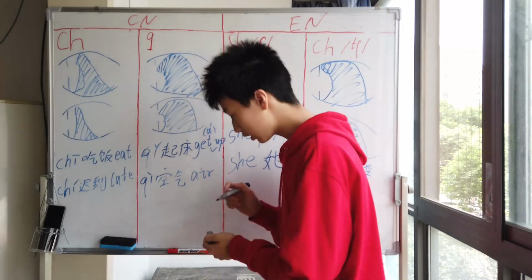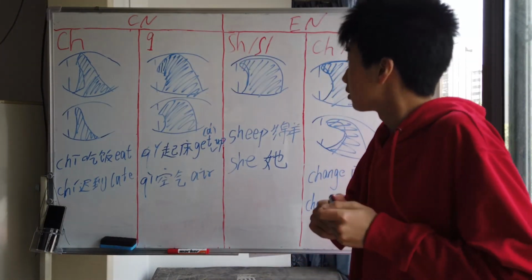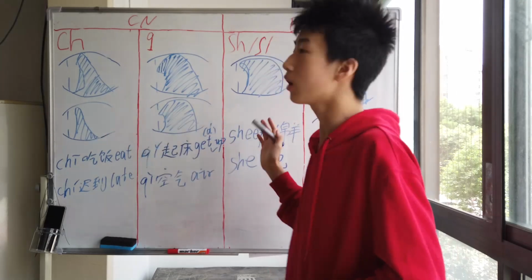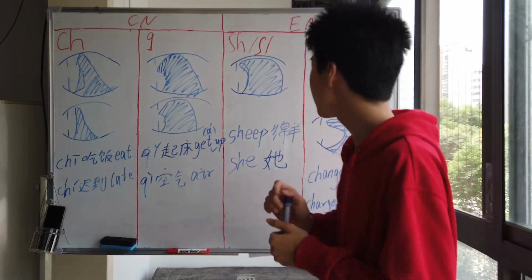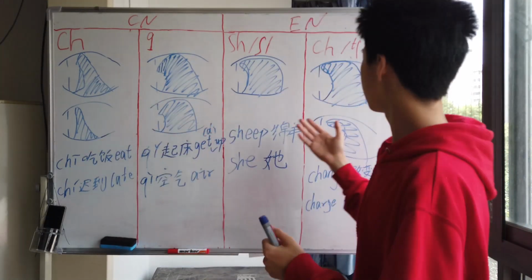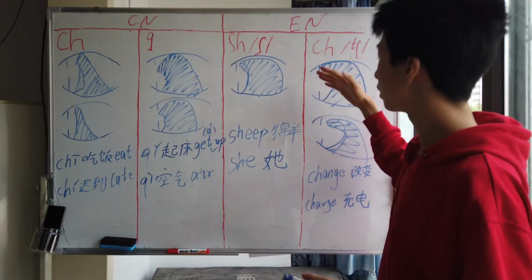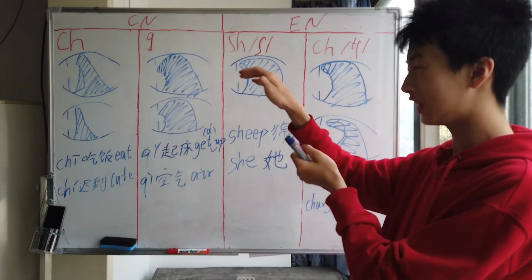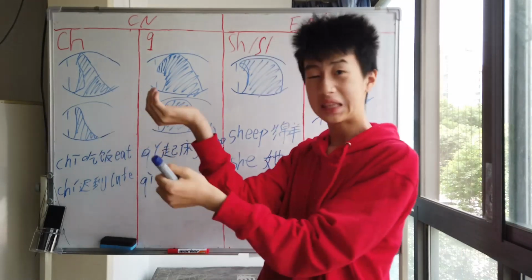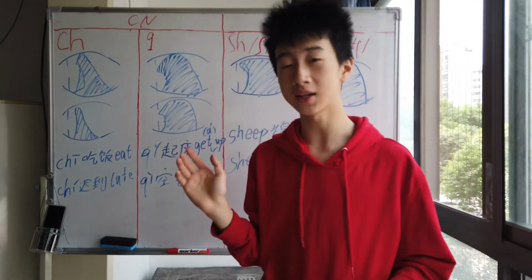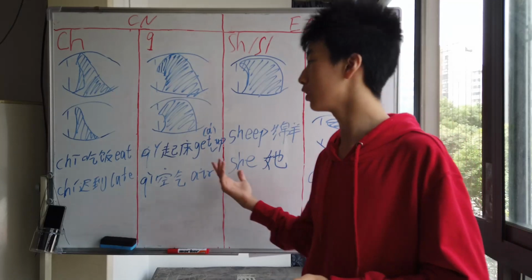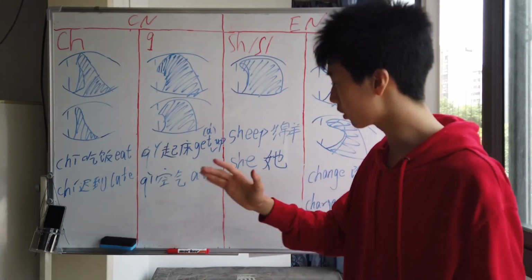Okay, so I guess I've said all about these four, and one last thing about these three though is that this part, you use it sort of like this. You curl it this way, but you curl it this way, so it's quite different, and native speakers can tell between the two pronunciations, although they are very similar.